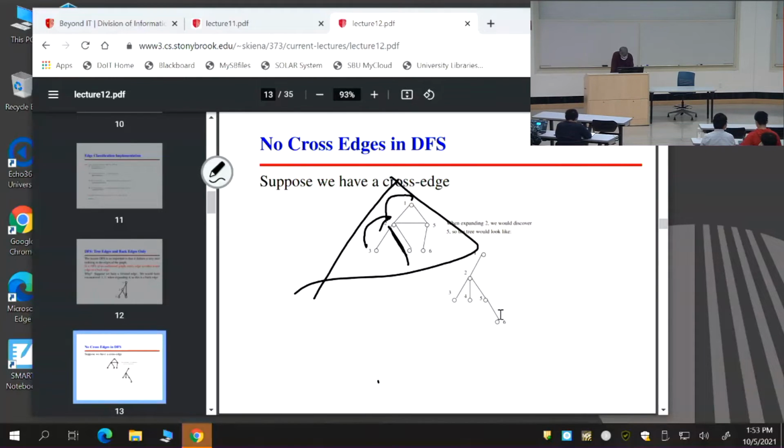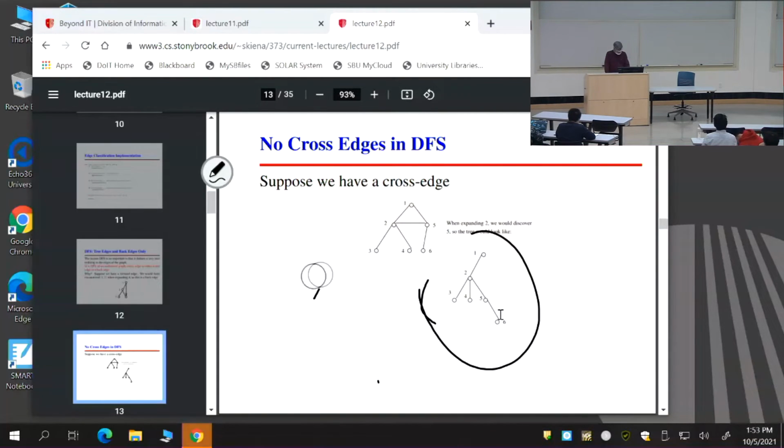I would process this edge. The tree is going to look like this. Okay? Because 5 would have been discovered when expanding 3. And this is what the DepthFirst search tree would be. So no cross edges, only tree edges and back edges. Any questions?